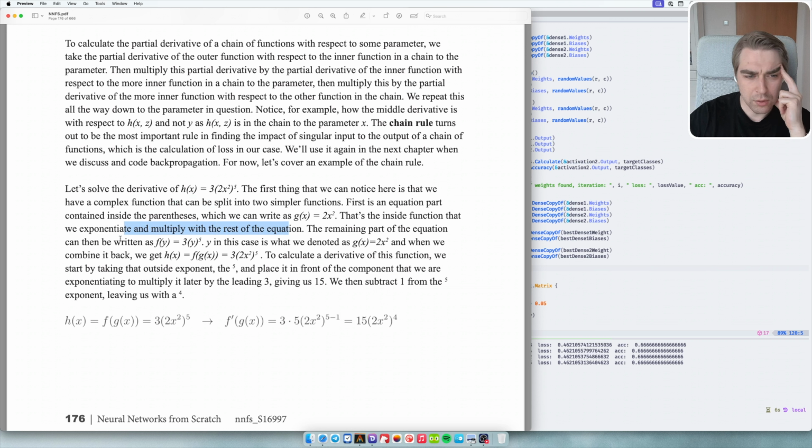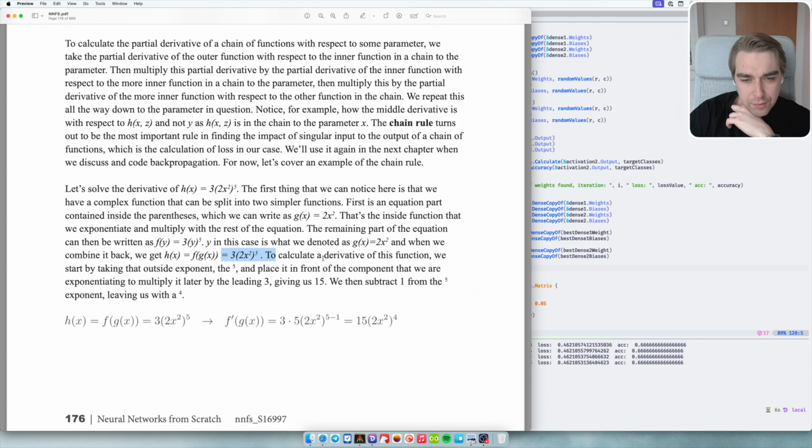The remaining part of the equation can be written as y, which in this case is what we denote as g of x, and then we combine it back where we get h of x is f of g of x.